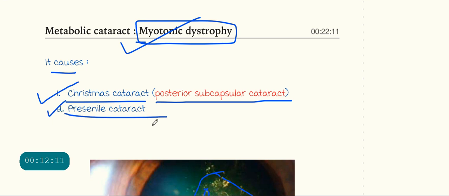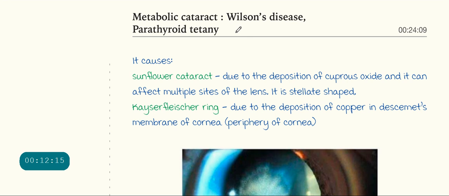Then the next thing is Wilson's disease or parathyroid tetany. This can also lead to different types of cataracts. Wilson's disease or parathyroid tetany can cause sunflower cataract.